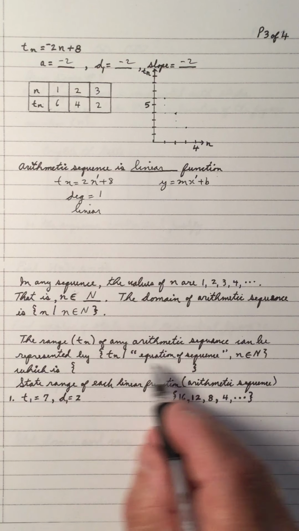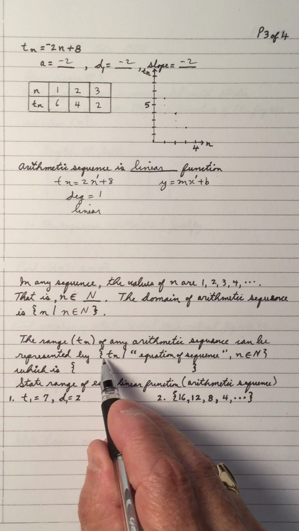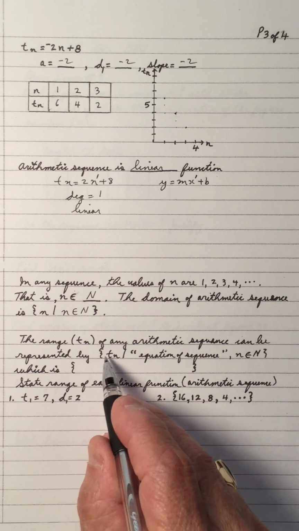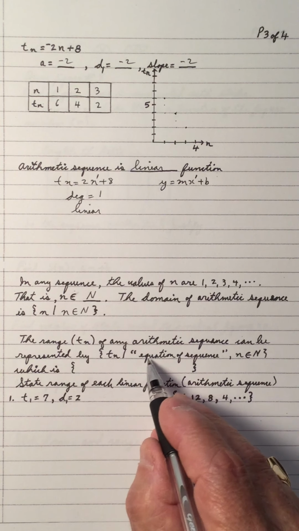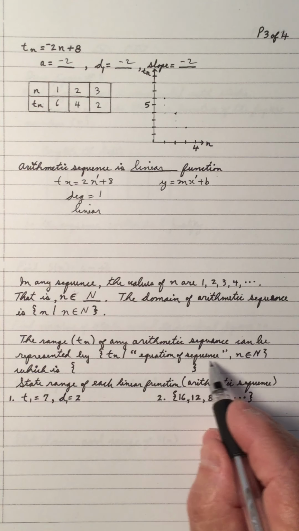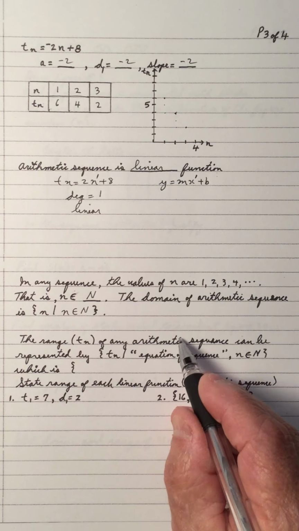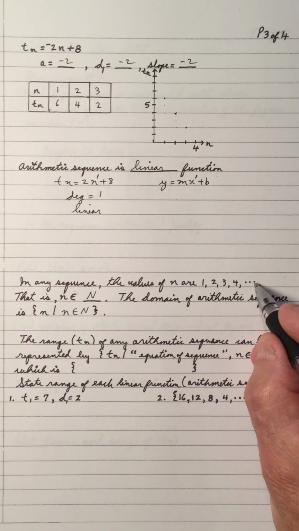So we've seen this in earlier videos, way back when we were dealing with the system of real numbers. This is the set of all Tn such that this is the equation of the sequence and n belongs to the naturals. This is how you name all the ordered pairs in this sequence.